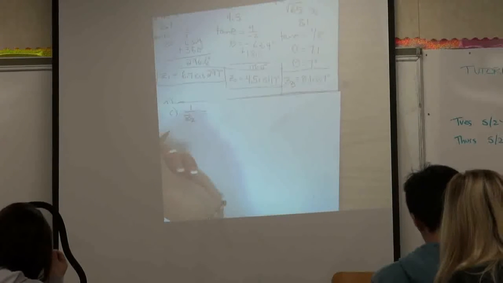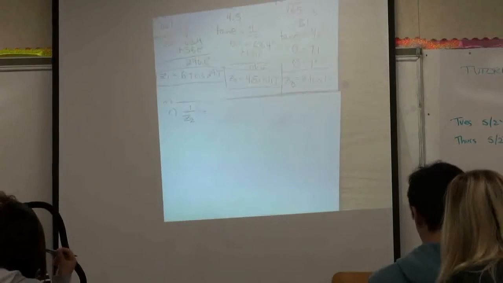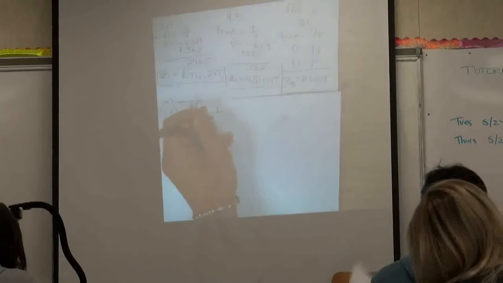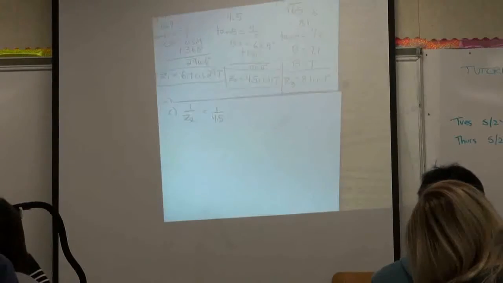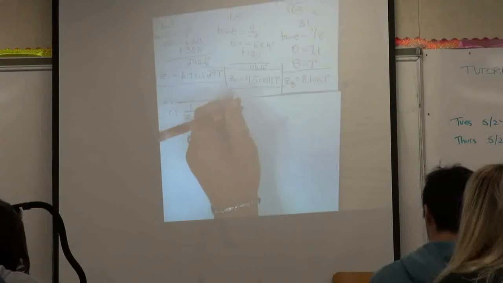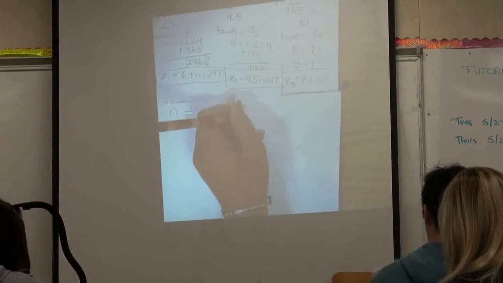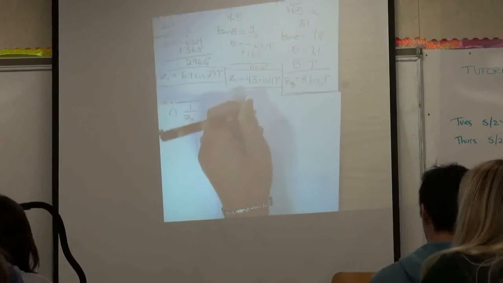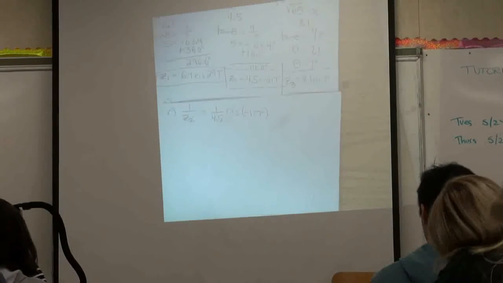Well, you have one of them, 4.5. I would put the 1 over the 4.5. Okay, yes. You take the reciprocal of the modulus, and you take the opposite of the argument.